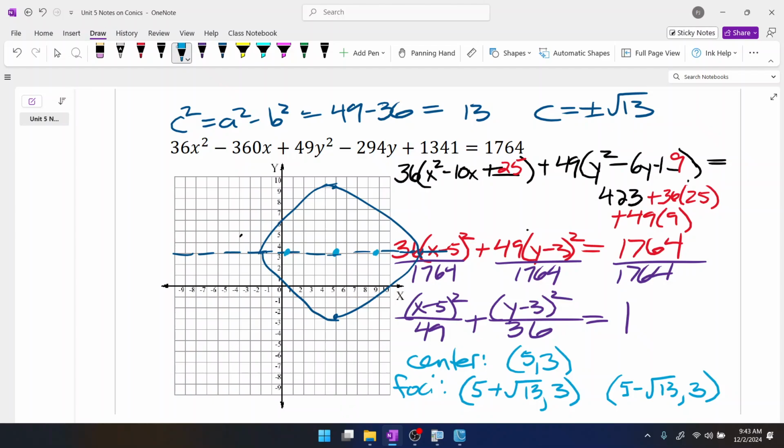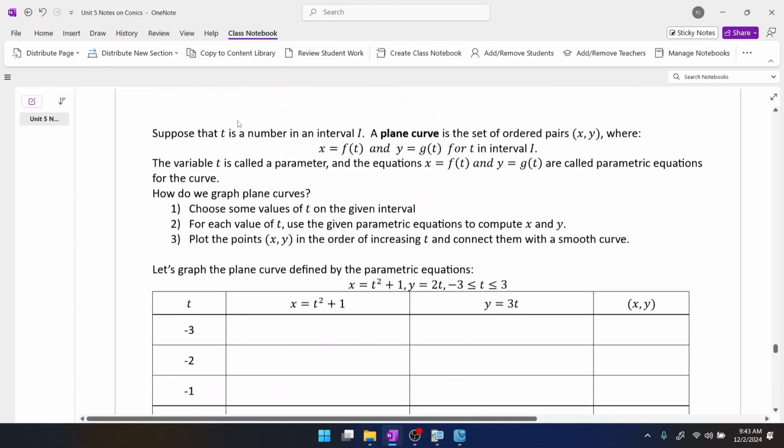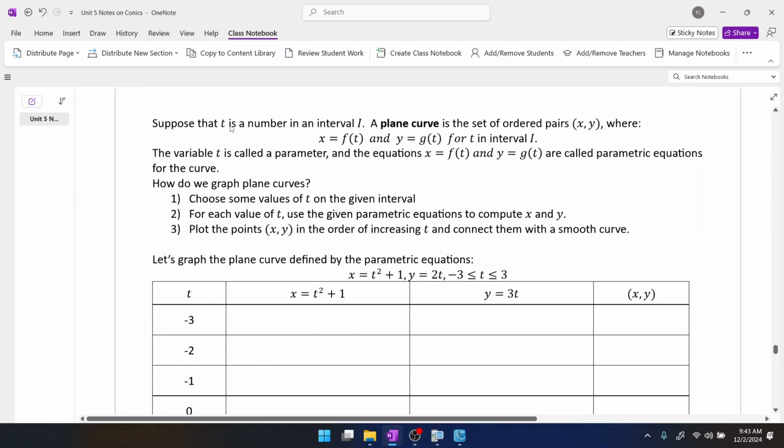All right, so here's what we're going to do. We're going to jump into parametric equations. Suppose that t is a number in an interval I. A plane curve is going to be the set of ordered pairs where x will be f of t and y will be g of t for a t in interval I. So what we'll do here, I'm going to give you a curve, and what you're literally going to do is figure out the x and the y values.